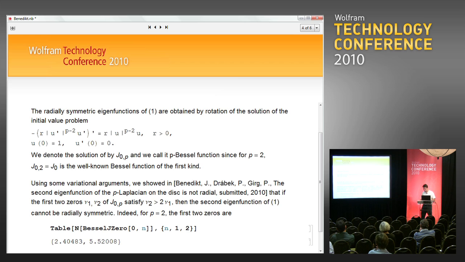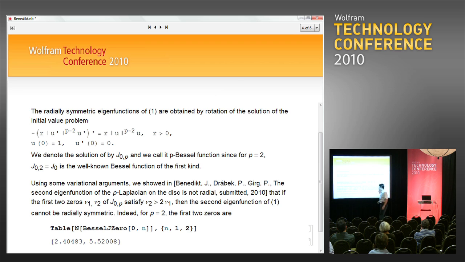And by some variational arguments that I will not present here because it's not the purpose of this talk, we showed that if the first two roots of the solution of this problem, xi1 and xi2, satisfy this inequality, that the second root is greater than 2 times the first root, then this implies that the second radially symmetric eigenfunction is not the second eigenfunction.